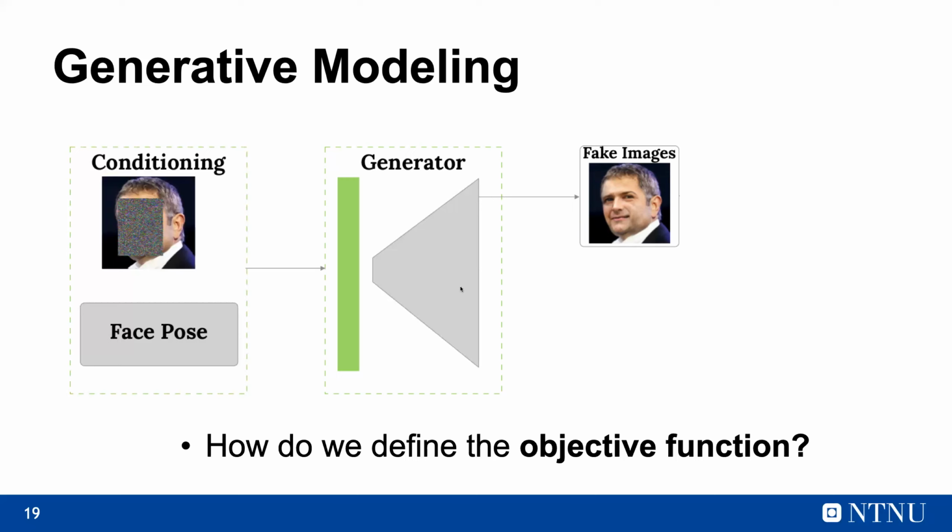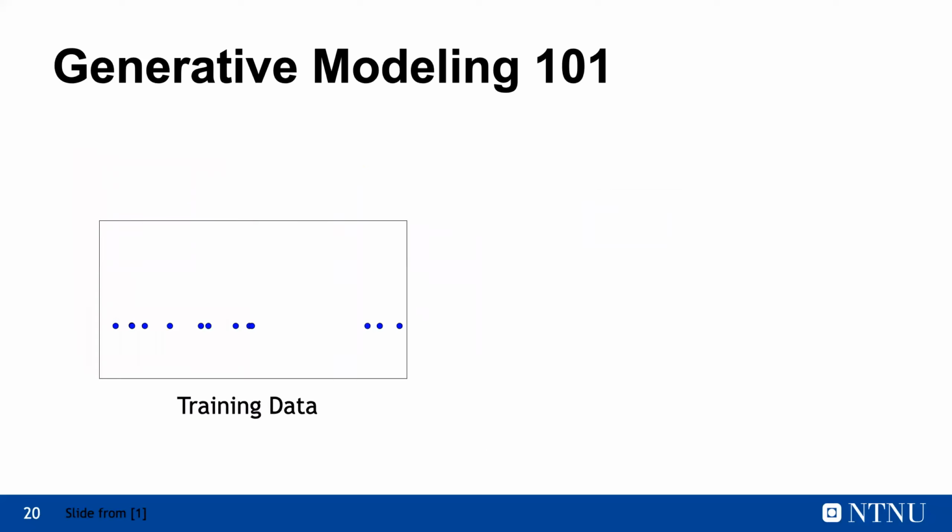This might be a recap for anybody that has taken an AI course or a pattern recognition course. But generative modeling is the task where you have a set of training samples that defines your training data, and the training data describes what a realistic image looks like. What most of you have done previously is what is called discriminative modeling, where you take a training sample and then you categorize this into some kind of classification task, for example.